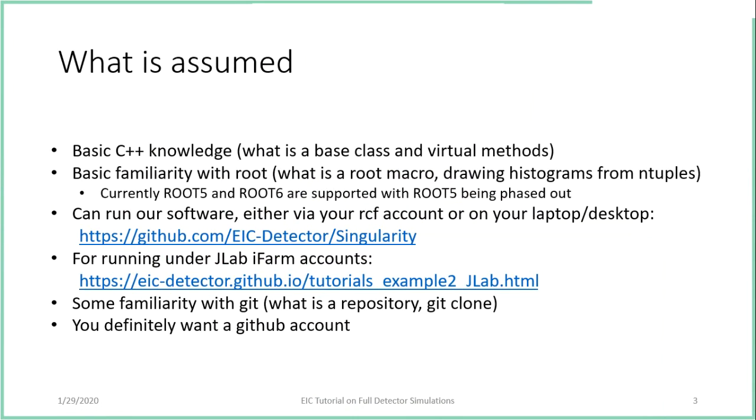So if you have a JLab account, you can have a look at this tutorial too. Example JLab gives you the 5 commands you need to run it on JLab. You should have some familiarity with Git. What's a Git repository? How to use git clone. And in the future, you definitely want a GitHub account for this. Everything is stored in GitHub here.